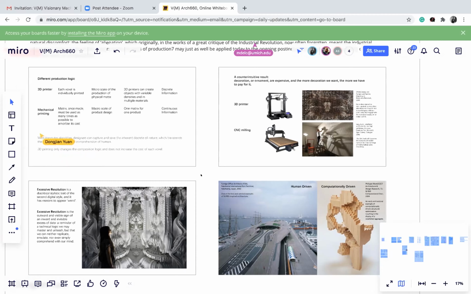So this reading is focused on the technical production skills and the computational algorithms we can use to promote our complex design.